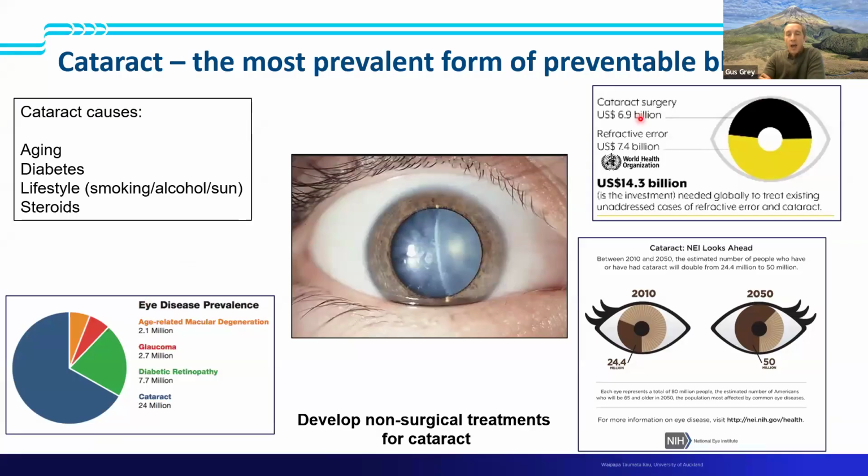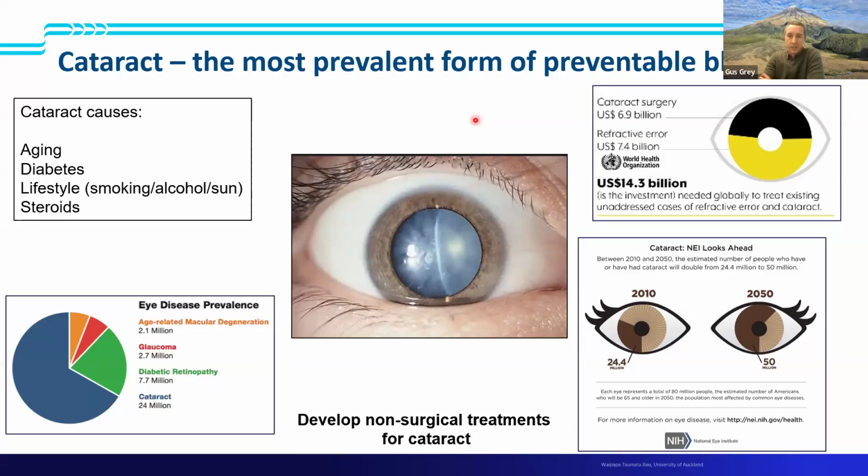administration. And while there is an effective treatment for cataract, which is a surgical intervention where the surgeon goes in and removes that opaque material and inserts a clear plastic lens, that treatment does come with a cost.